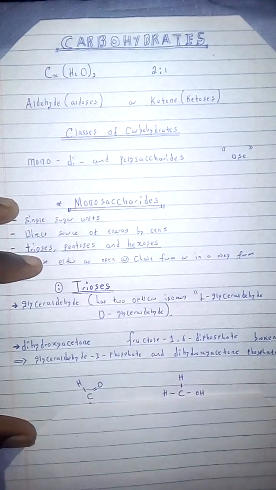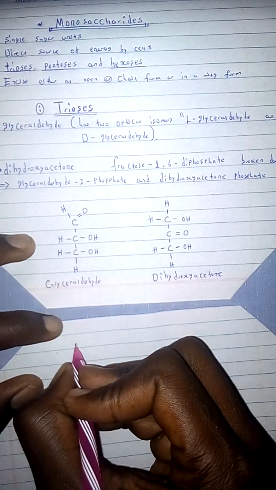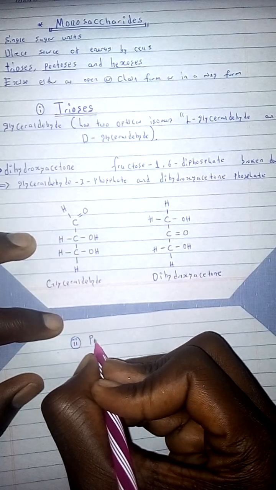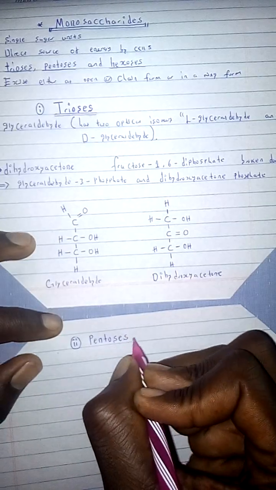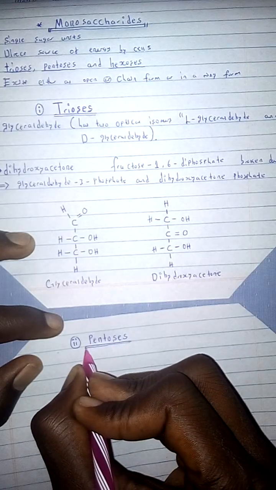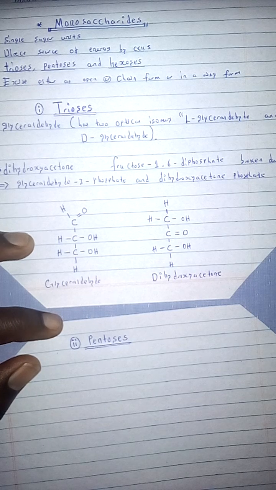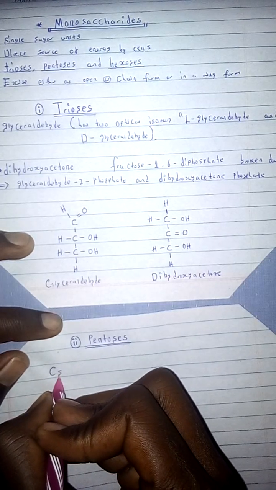So we now move to pentoses. Just like the name suggests, these are 5 carbon sugars with the formula C5H10O5.